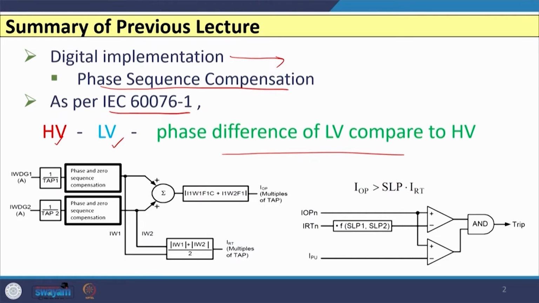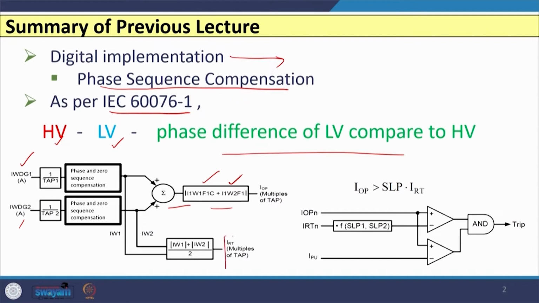When we have the LV winding current and HV winding current, after the magnitude compensation, phase compensation and zero sequence compensation, and after summing we will have the value of the operating current, that is the vectorial addition of the two winding currents.